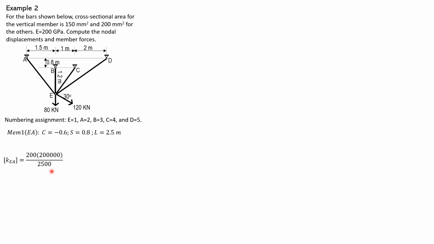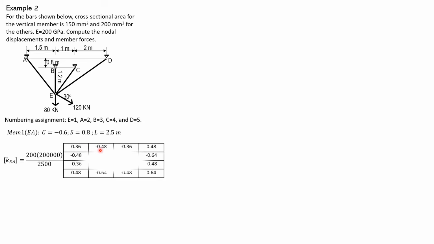Therefore, the stiffness of member EA is area 200, E 200,000 divided by length 2,500 times the quantity C square, CS, negative of C square, negative of CS, CS, S square, the negative of CS, the negative of S square, then the rest it's easy to copy. So C square is 0.36, CS is negative 0.48, CS negative 0.48, then S square is square of 0.8, so 0.64.